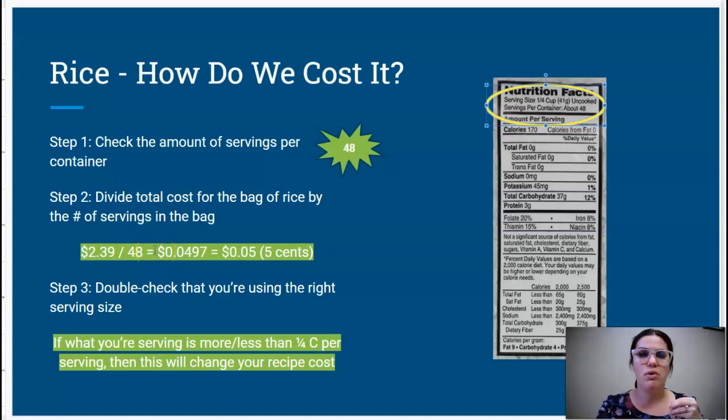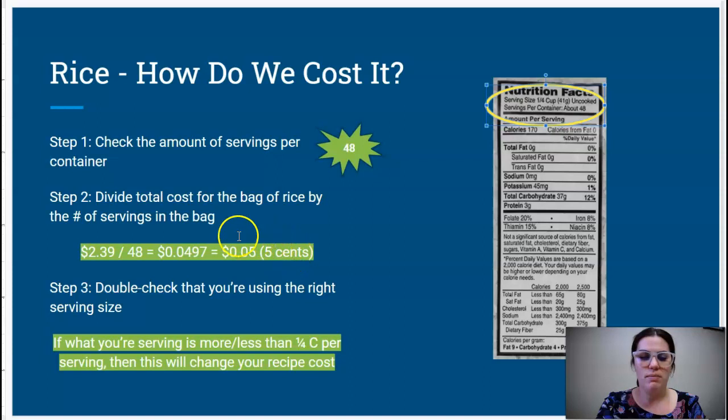So it's important that you understand that this isn't necessarily the recipe cost for that specific ingredient because our recipe might call for a different measure, so more or less than this 1/4 cup serving. But an easy way for us to get started estimating the cost of the recipe is by using the serving per container.